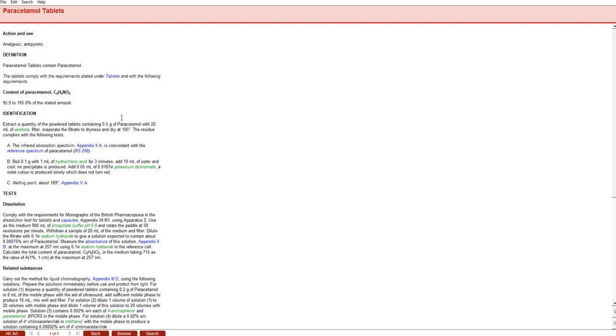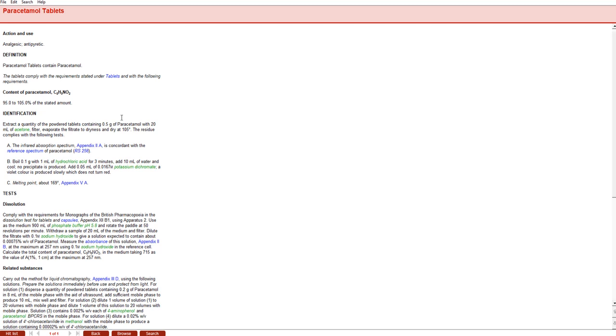So if it is 500 milligram, it should be between how much? What is 95% of 500 milligram? What is the answer? It should be 47 and a half, 475 milligram. This is the minimum.